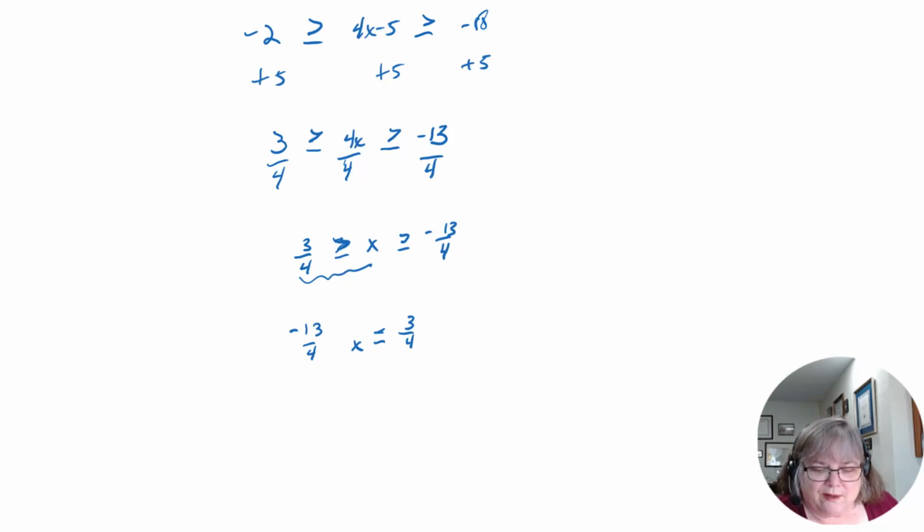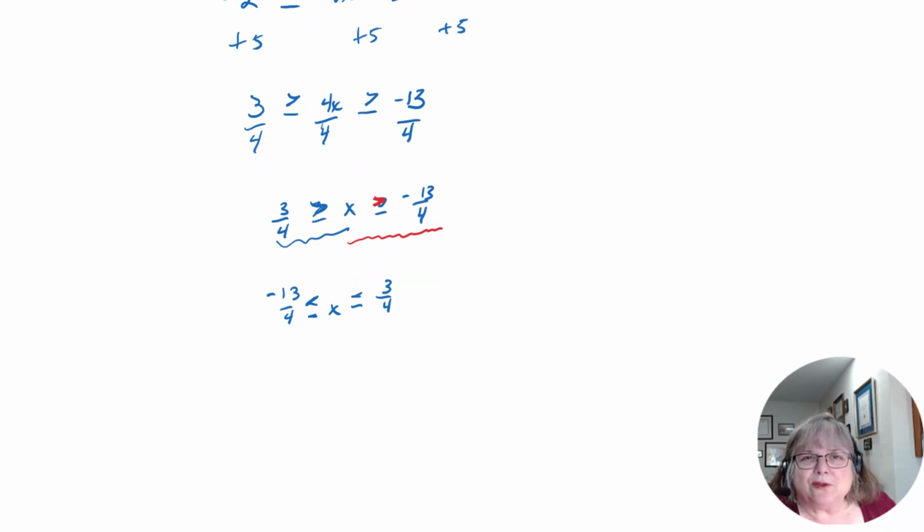When you look at this one, with the x and the negative 13/4, it was pointing at the negative 13/4, so it has to point at the negative 13/4 again. So you're not flipping them because you multiplied or divided by a negative again. You're flipping them to keep the context of what is greater than the other one to be true when you switch them around.